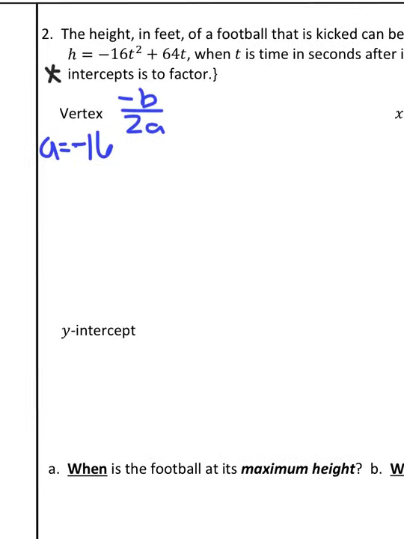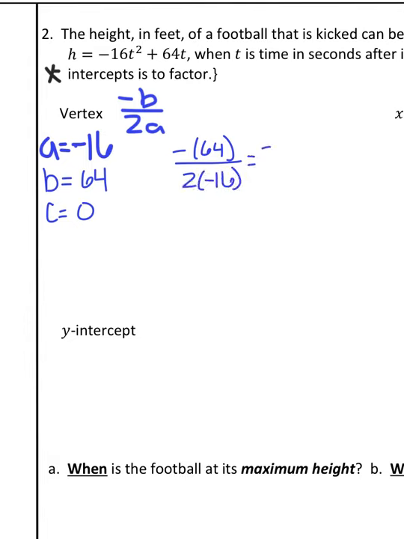B equals 64 and C equals 0. There's no C. So to find the vertex, I'm going to do negative 64, because that's my B, divided by 2 times negative 16, which is negative 64 over negative 32, which equals 2.